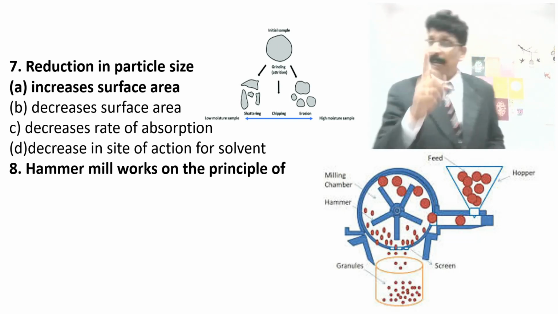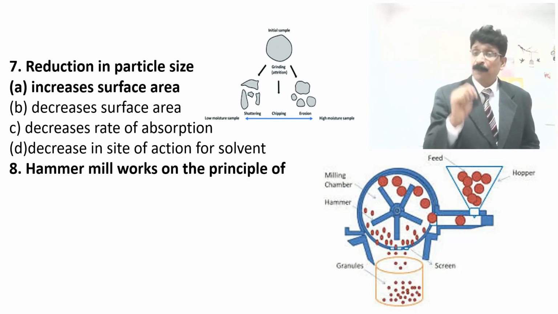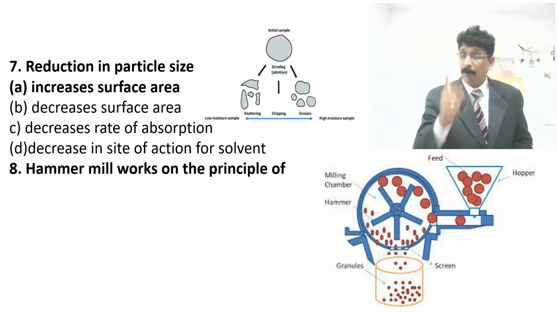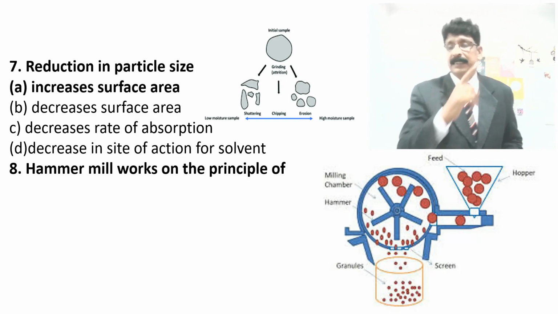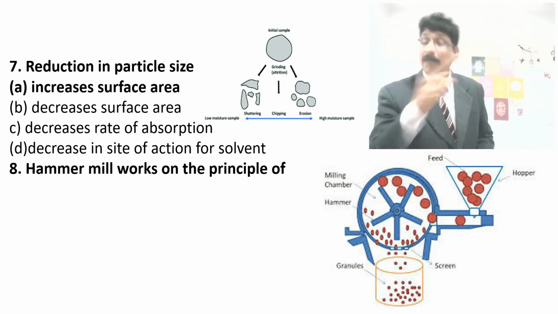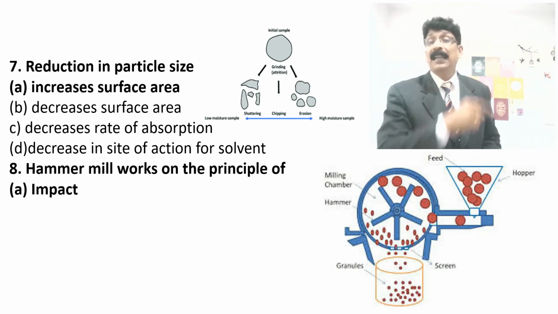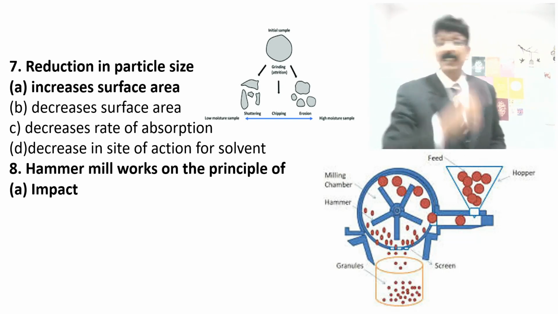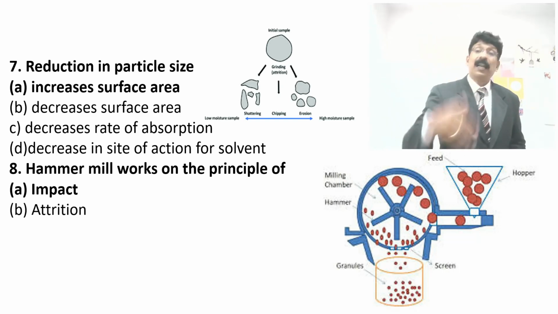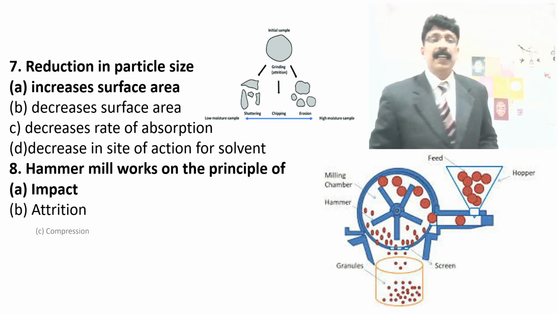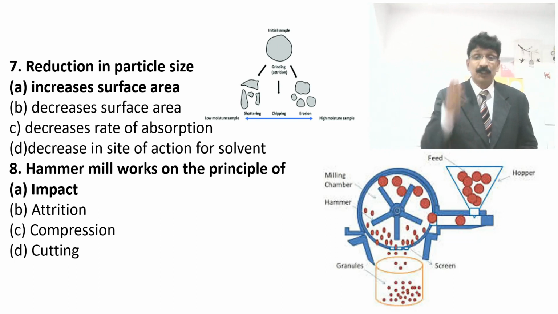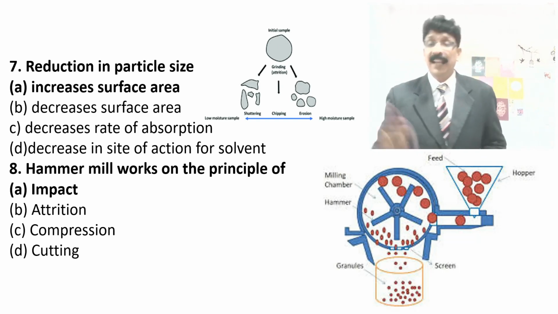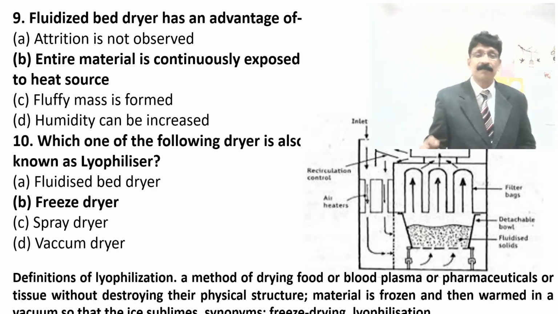So we have four principles, don't forget: cutting, compression, impact, attrition. This works on impact. They have given attrition as a choice, but here it is not working by attrition. There is no compression like the roller mill and no cutting like the cutter mill.